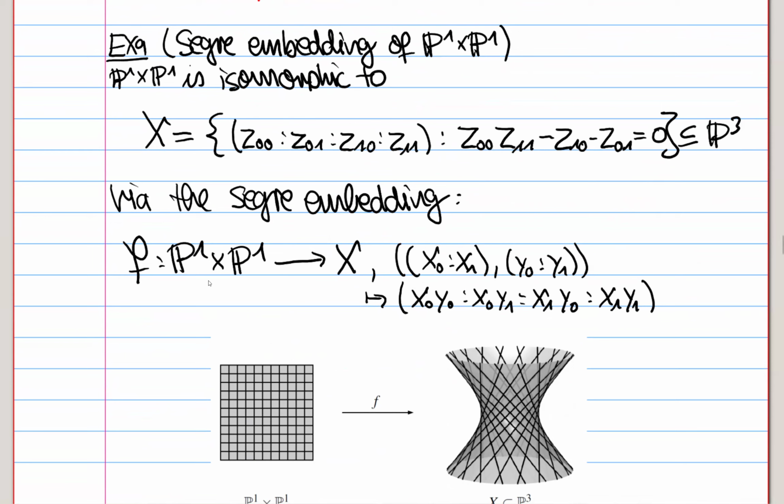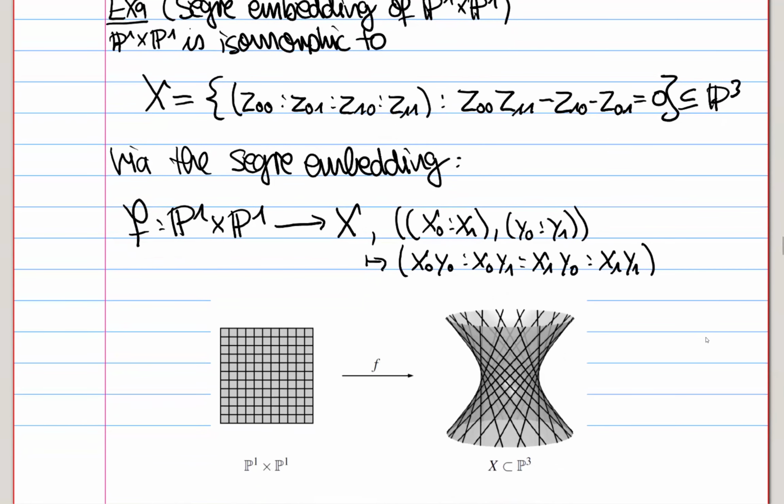And this is exactly the image of the Segre embedding, which takes these two points and maps them to all these possible products. And so if you want to have a geometric picture, you can kind of draw again the real picture. So an affine patch of P^1 cross P^1 just looks like A^2, so it looks like a plane.